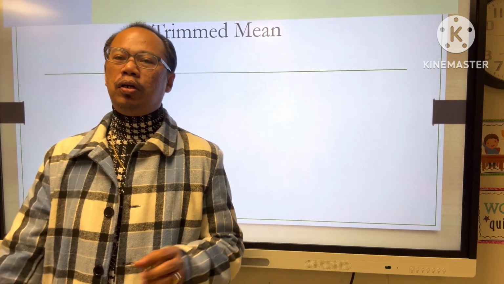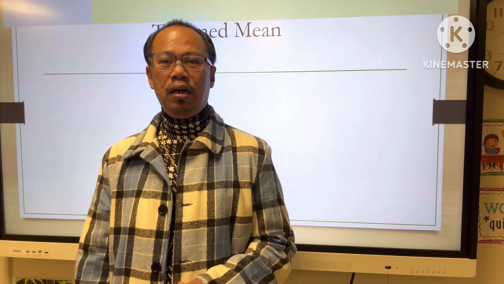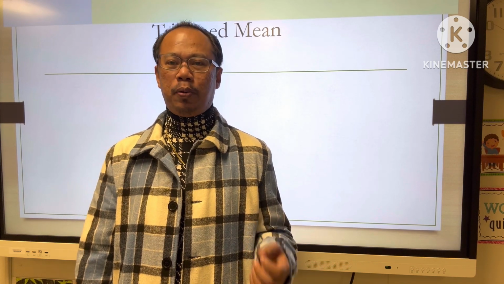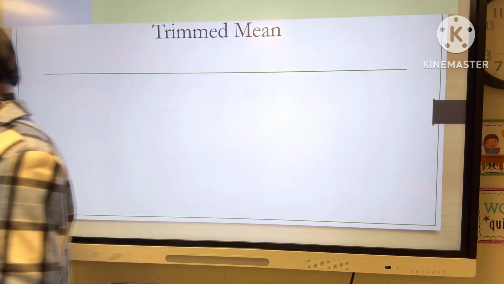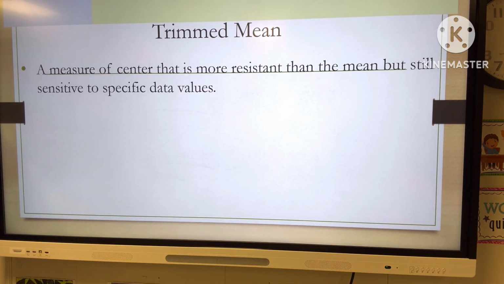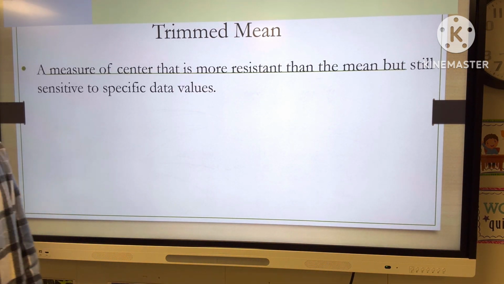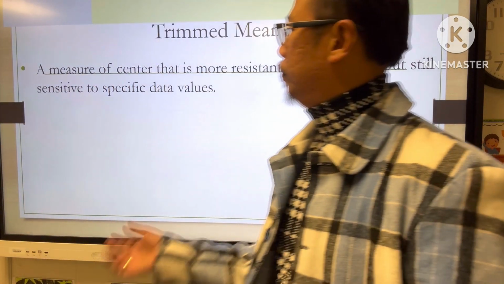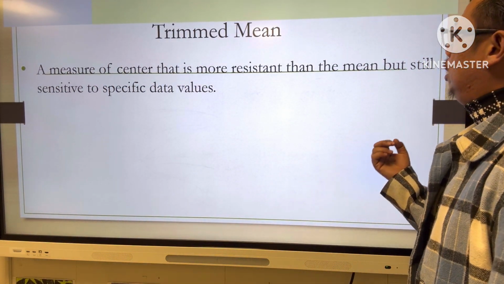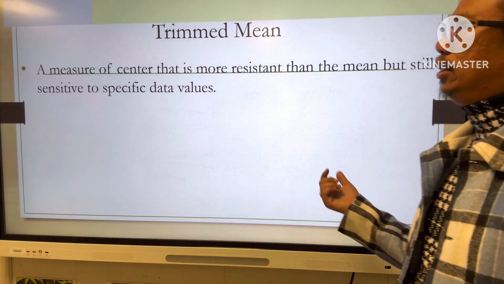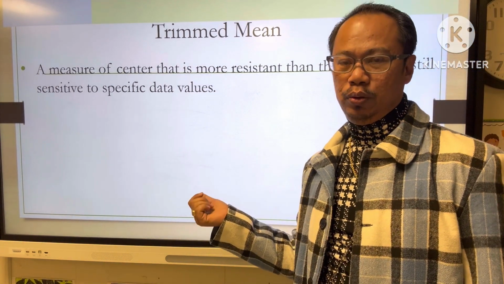Now we have some definitions and important things that we have to know in trim mean. First, it is a measure of center that is more resistant than the mean but still sensitive to the specific data values.